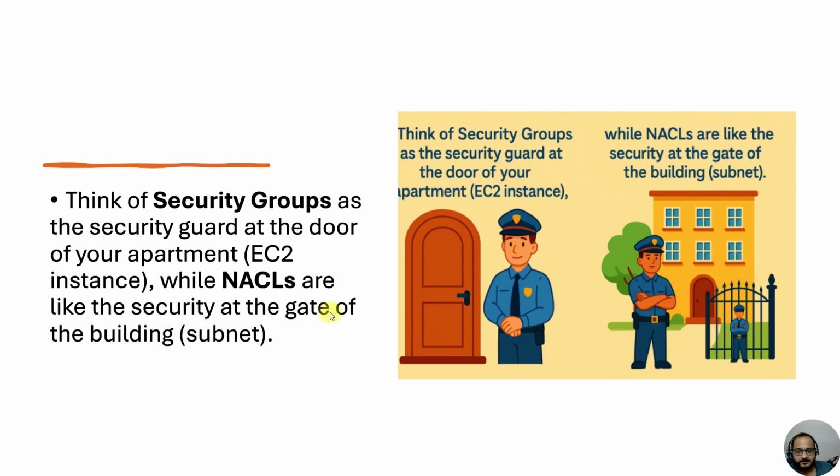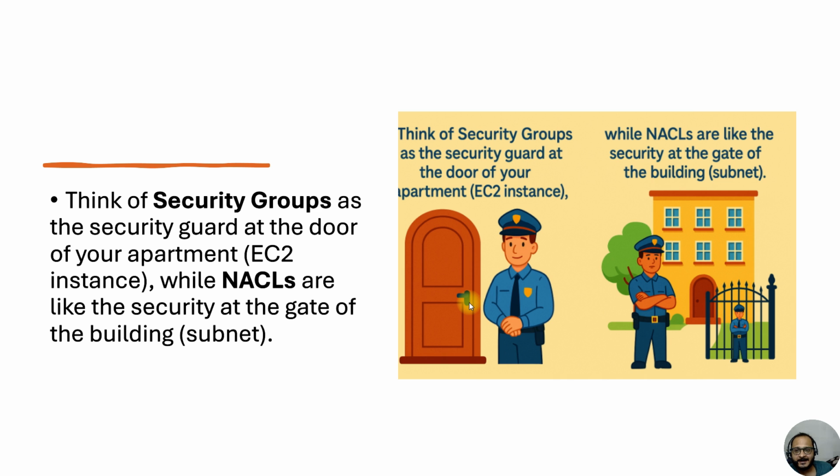So here I have taken an image. Suppose a security group basically acts as a security guard at the door of your apartment. For example, this is the building, and in the building you have one apartment. The security group will take care of your apartment, not the entire building, because you have appointed the security group for your apartment itself.